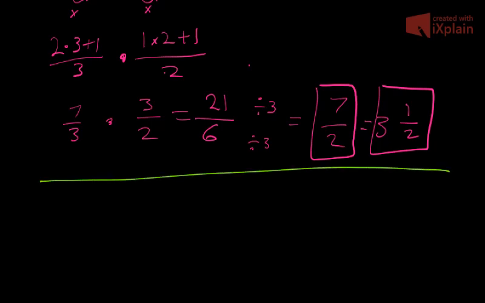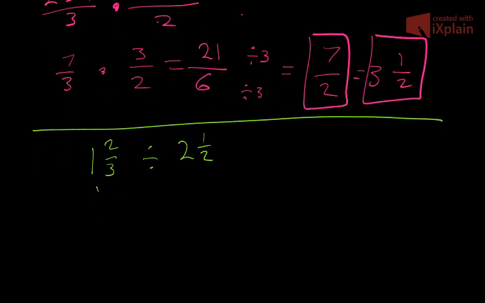The second problem I want to do is going to be 1 2/3 divided by 2 1/2. Once again, the first thing I want to do is to change my mixed numbers into improper fractions. We're going to have 1 times 3 plus 2 over 3, and that's going to be divided by my 2 1/2.